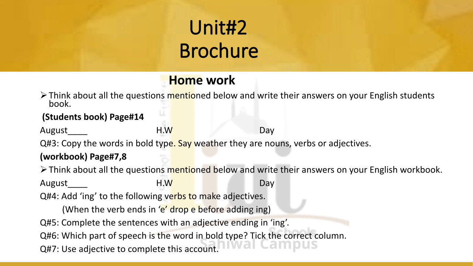For example, the first sentence: we saw a heron in the reserve. So here heron is a noun, so you can mark a tick in the place of noun. In that manner you have to solve it. Whatever the sentence has, you just have to mark a tick in the place of the verb, noun or adjective.